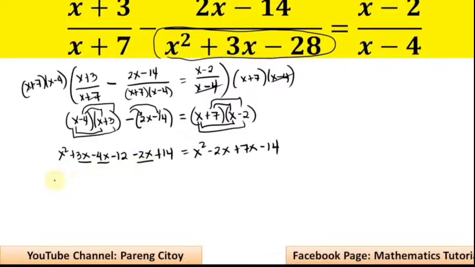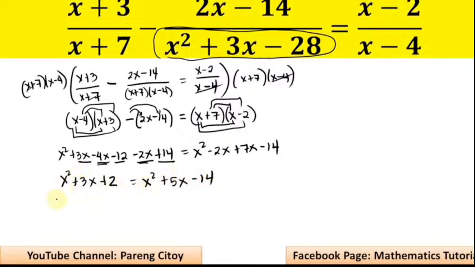So, that is, okay, so we have x squared, 3x minus 4x minus 2x, that is 3x. Then negative 12 plus 14, that is positive 2, equals x squared plus 5x minus 14.